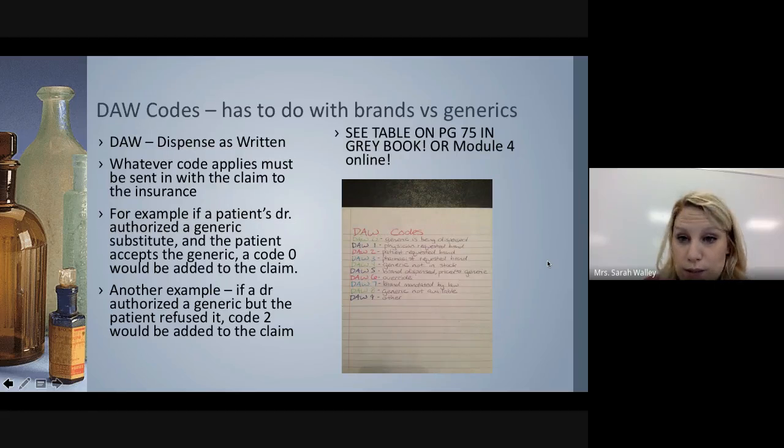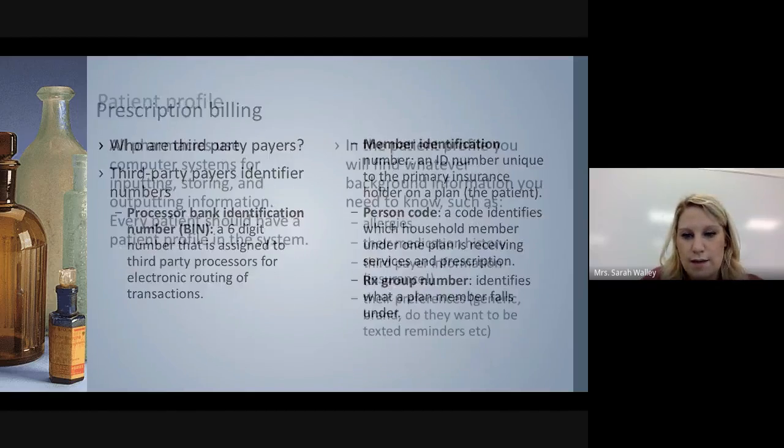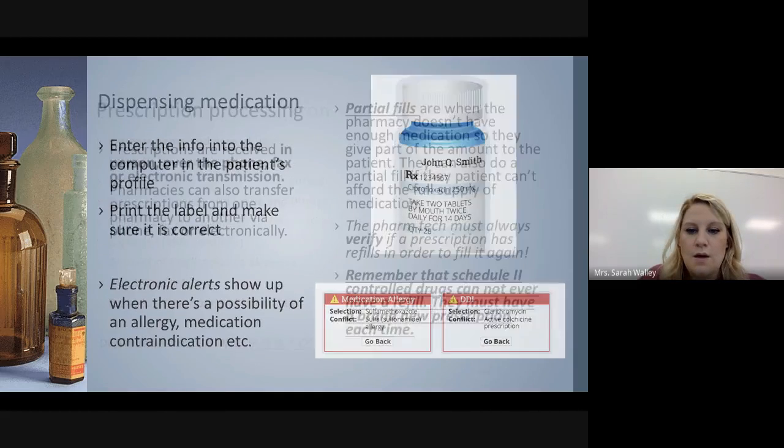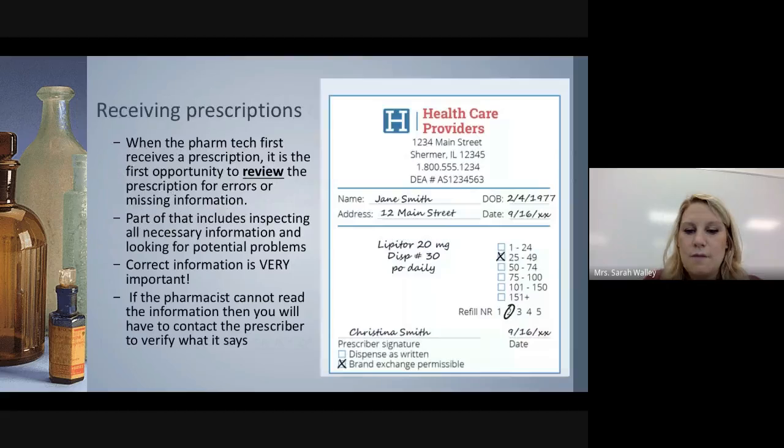Okay, so DAW codes. We're almost done. DAW codes have to do with brands versus generics. Like in that first slide I showed you, let me go way back real quick. Remember when I said down here, prescriber signature, and at the bottom it says dispense as written or brand exchange permissible.